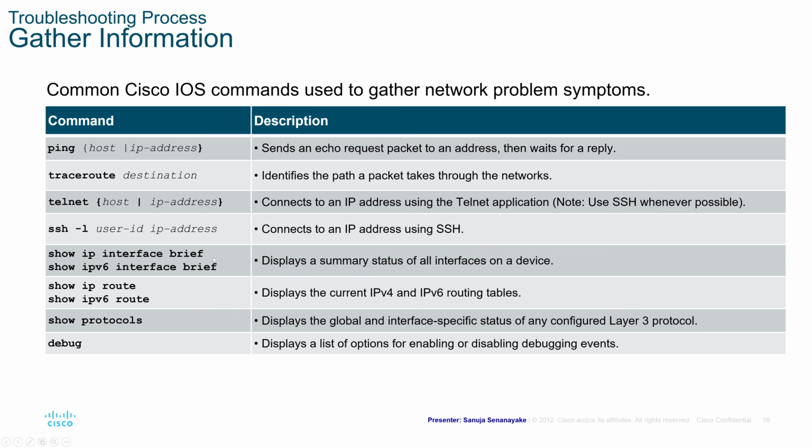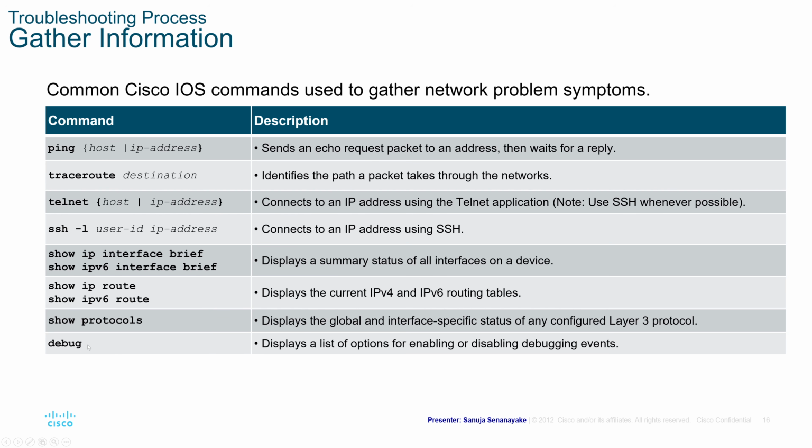Show IP interface brief, the IPv6 version of it, show IP route, and the IPv6 version of it. All of these would display some information about the interfaces as well as the IPv6 and IPv4 routing tables. Show protocols will display the global and interface specific protocols configured on your Cisco device.